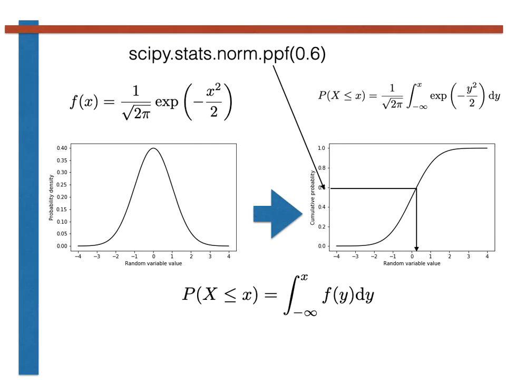In other words, if we call the error function capital Phi of x, then SciPy stats norm ppf is just the inverse of this function, as shown here, i.e. it's the inverse of the error function.